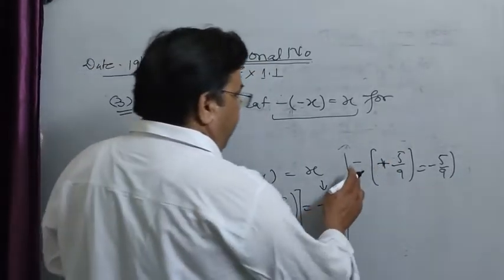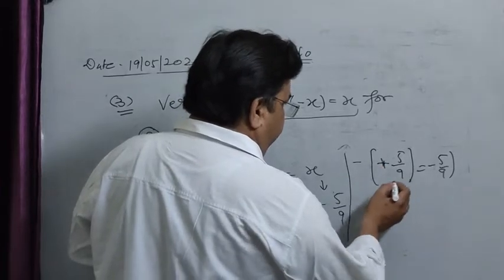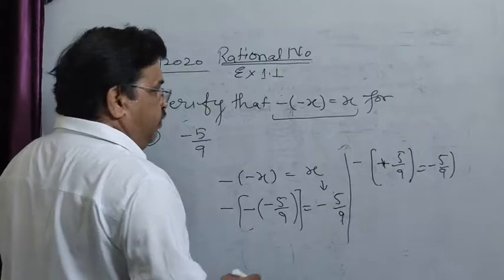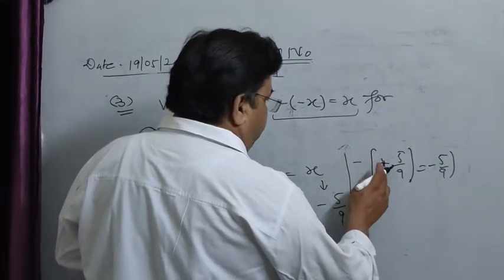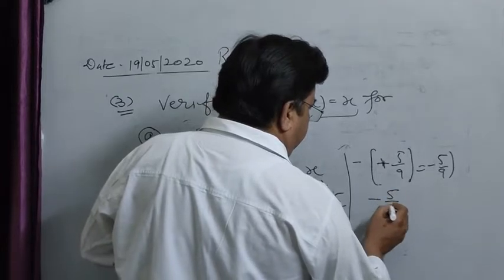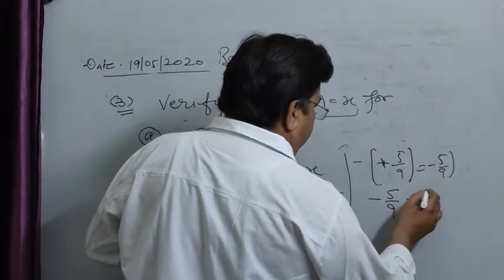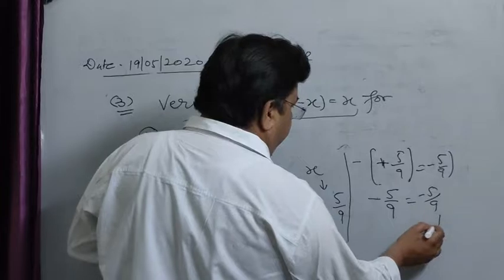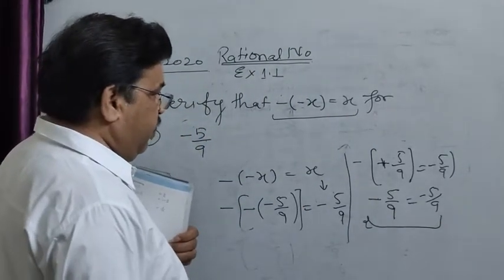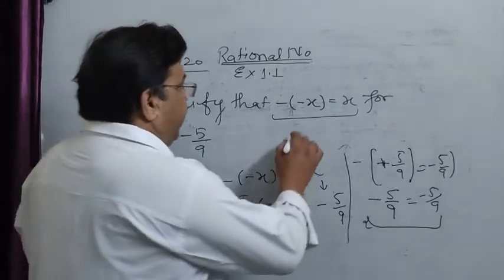And now open the square bracket and multiply the signs with each other, and minus into plus becomes negative, means minus and minus 5 by 9. If both sides are equal, so this is verified.